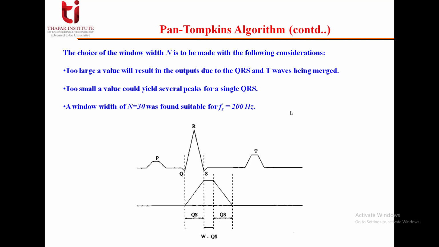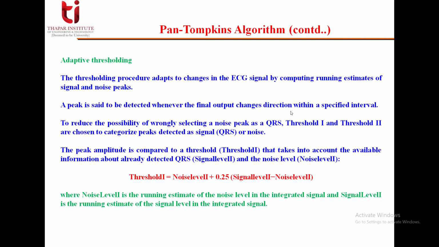You can see in this figure that it is also giving some delay. That is because of the components and operations we have applied, which also introduce some delay, but it will give the width of the QRS complex. Then after that we have to use adaptive thresholding, and this thresholding will adapt to changes in the ECG signal by computing running estimates of the signal as well as the noise peaks.